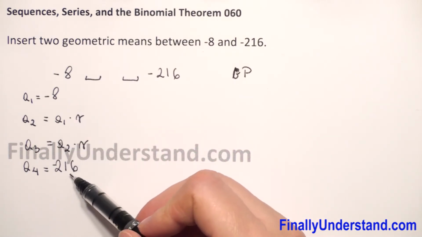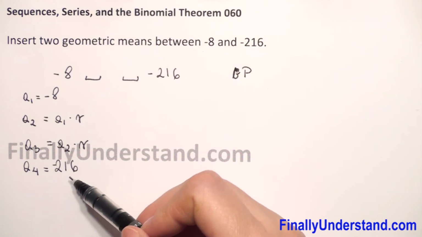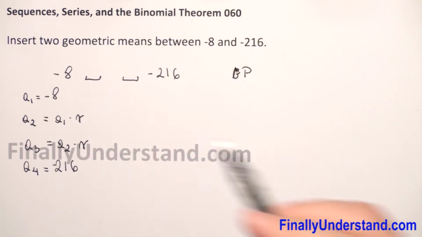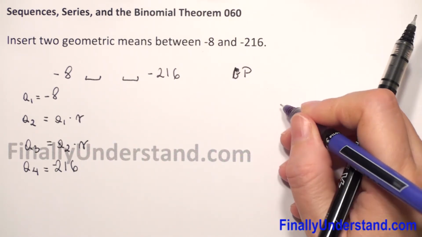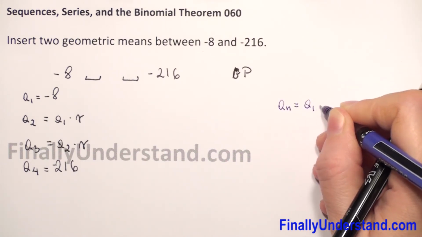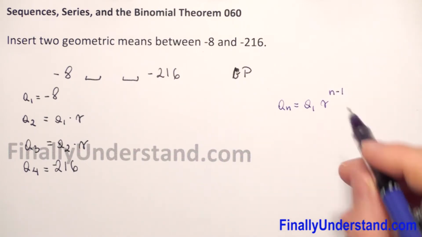How do we find this constant number r, the common ratio in other words? We will use the last term. We know that in a geometric progression, the nth term is A1 times r to the power n minus 1.